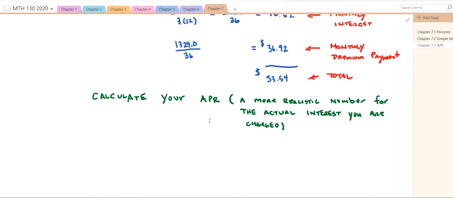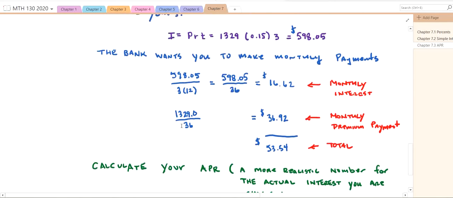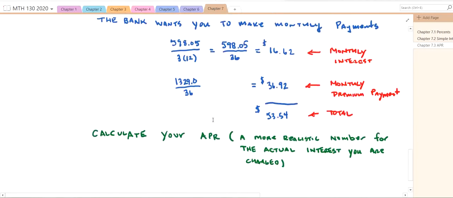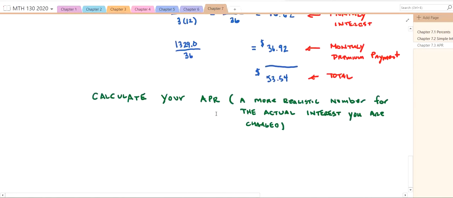So let's calculate the APR, which will end up being a much more realistic number for the actual interest you are charged. And to do that, we just simply use this problem and the simple equation we have for APR, which is this. Here, N equals 36, and R, of course, was 0.15.